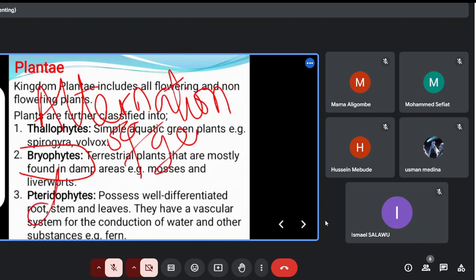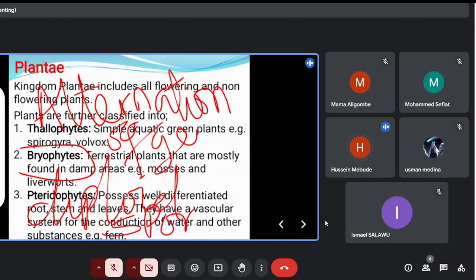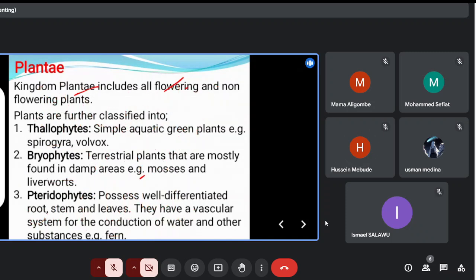They alternate their life cycle, their reproductive stage, in two stages, which are the sporophytic stage, the sporophyte.